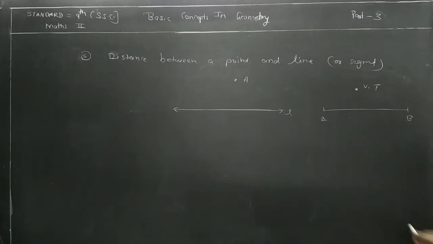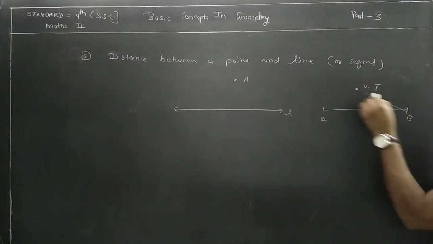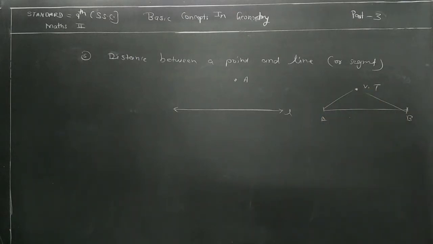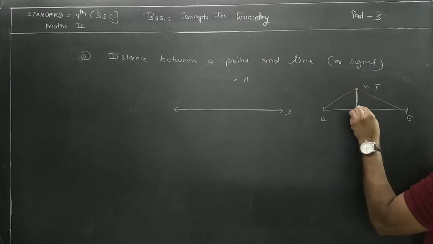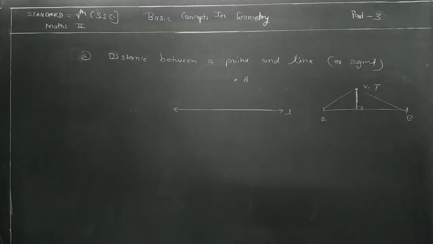I will not measure the distance from here to this end or this end. What I am going to do is find the minimum distance. This is the distance, and that is always a perpendicular distance. So students, keep in mind that distance means perpendicular distance.